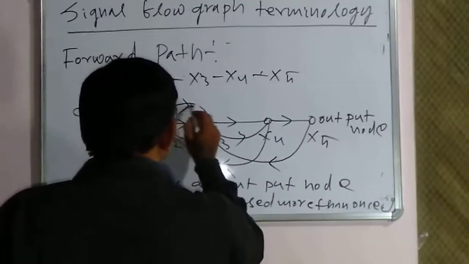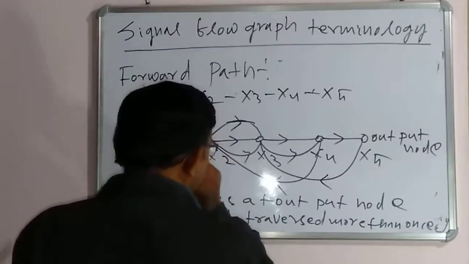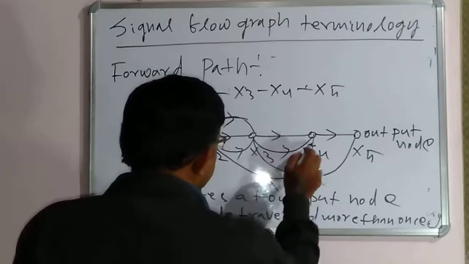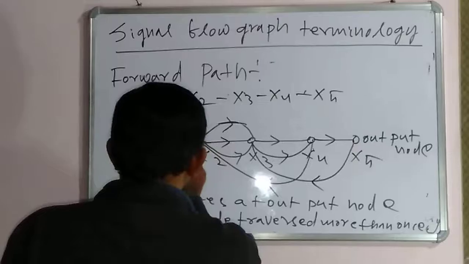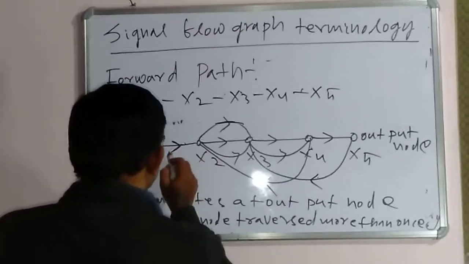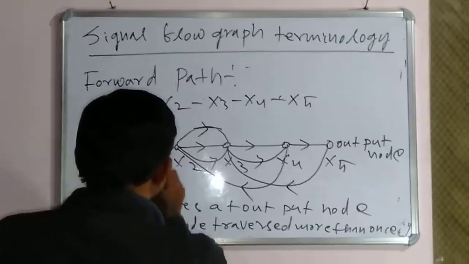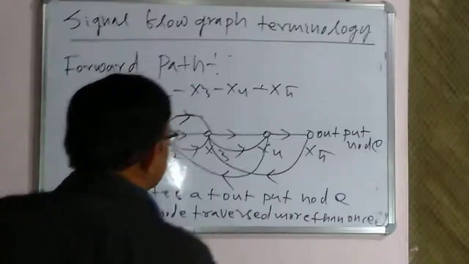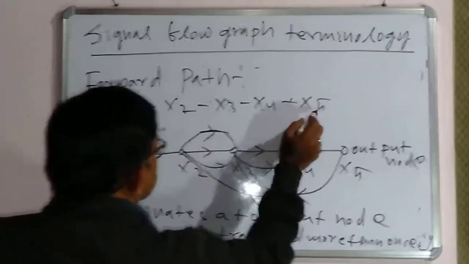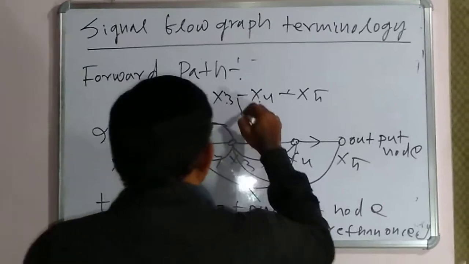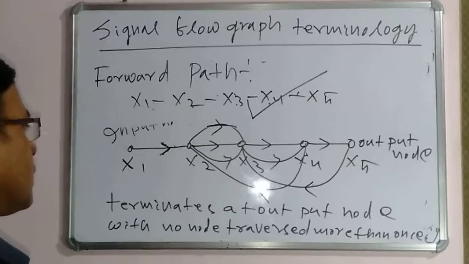We cannot move in the opposite direction because here the signal flows in one direction only, that is, in the direction of the arrow. Clear? So x1, x2, x3, x4, x5 is a valid forward path.